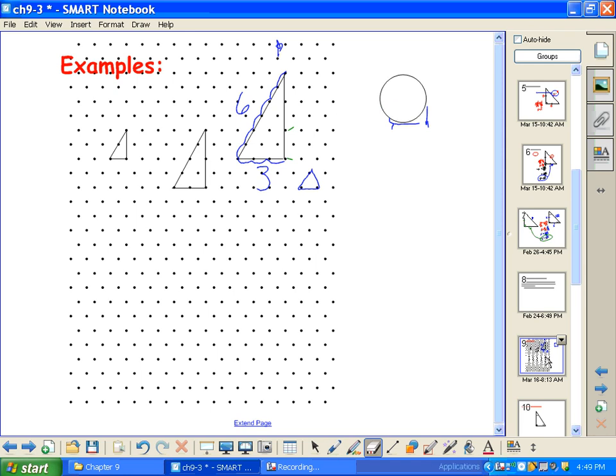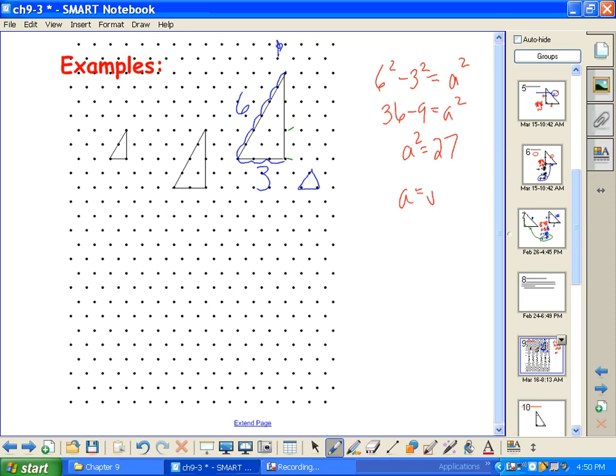So let's do that. I know that 6 is my hypotenuse, 3 is a leg. So we can do 6 squared minus 3 squared equals a squared, x squared, whatever you'd like to use. So 36 minus 9 equals a squared. So I know a squared is equal to 27. Again, I don't want you to use your calculators. We need to simplify this radical.